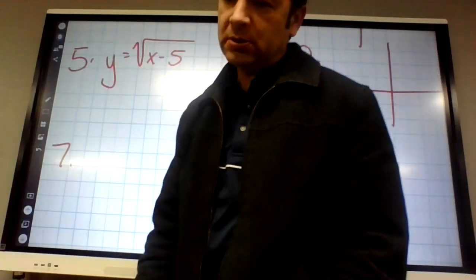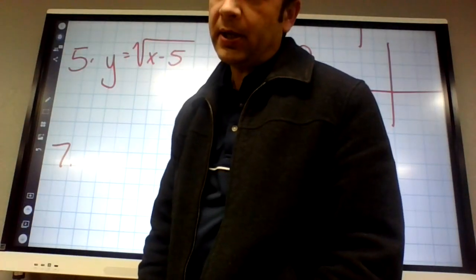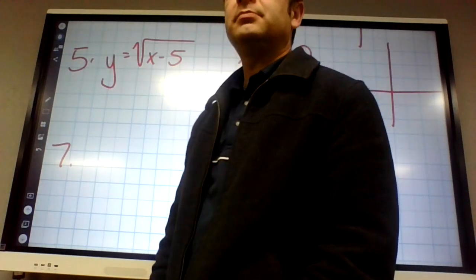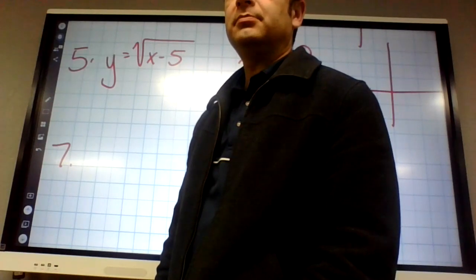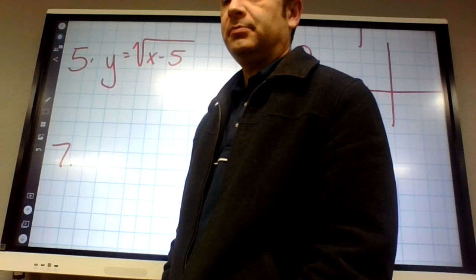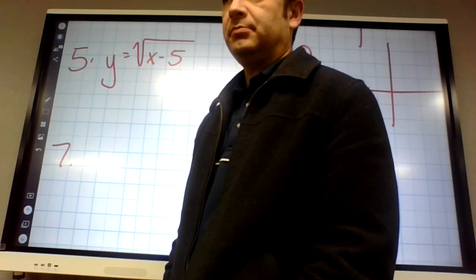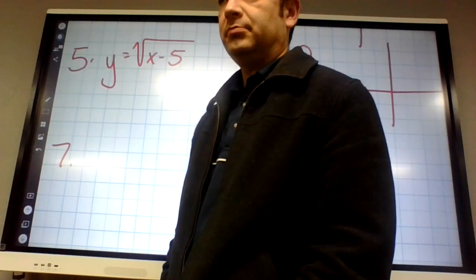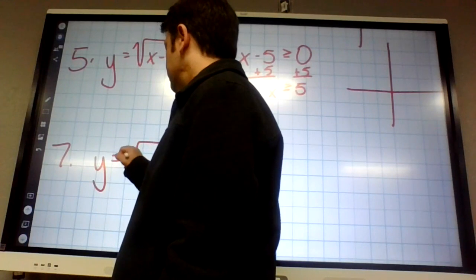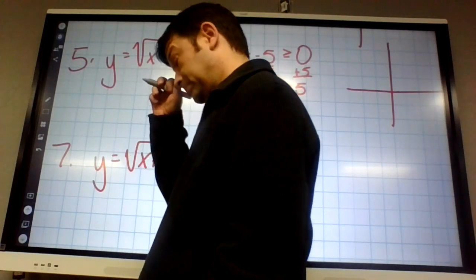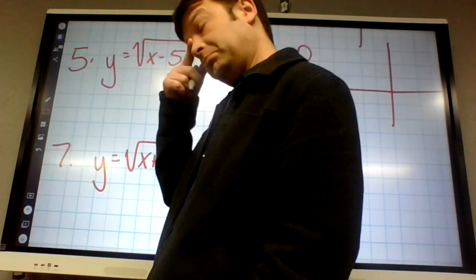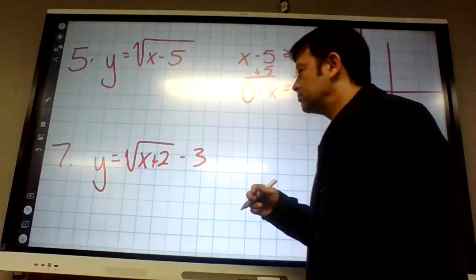Number 7. Do you guys know how I'm going to set up number 7? First thing I know is the domain is x. You have to put the y equals square root of x plus 2, minus 3, and then for x, you just have to subtract the 2.